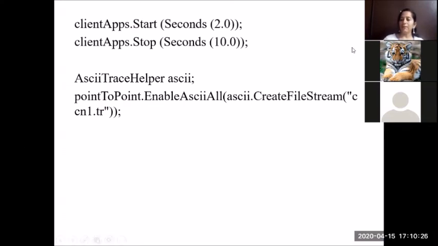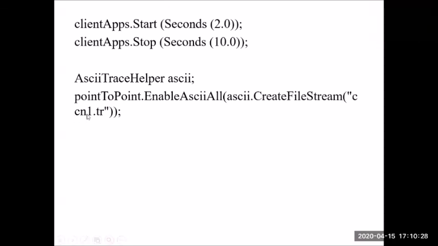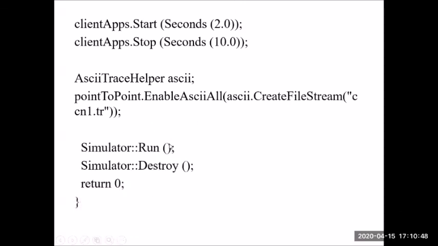I'll give a file name ccn1.tr. So that will save a trace of all what we have run. It will store a log of all that information known as trace file in this document ccn1. In document name ccn1, it will keep track of everything, whatever is sent.